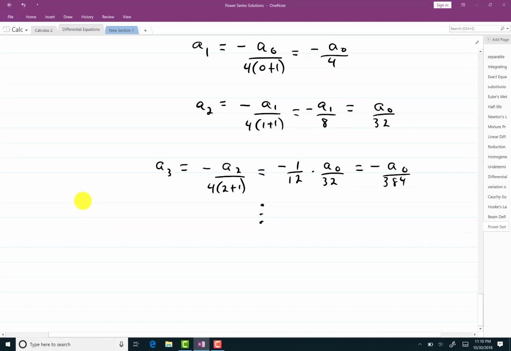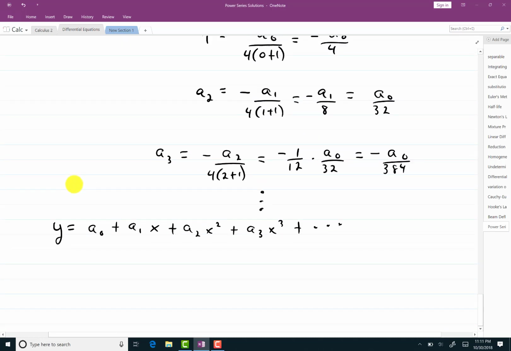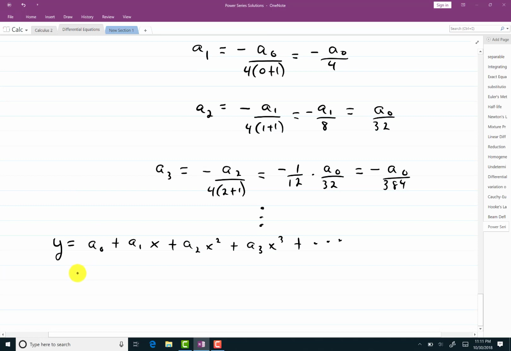So when we look at our y, let me keep this here. The y that was supposed to be our answer is a sub 0 plus a1x plus a2x squared plus a3x cubed plus dot, dot, dot. I can now replace a sub 1 with negative 1/4 a sub 0.